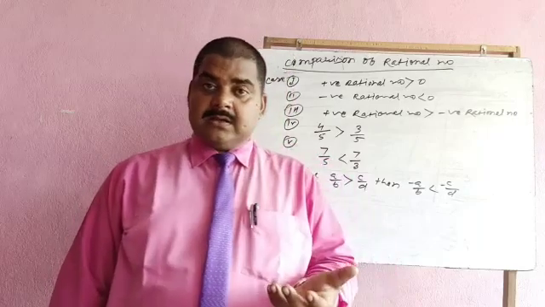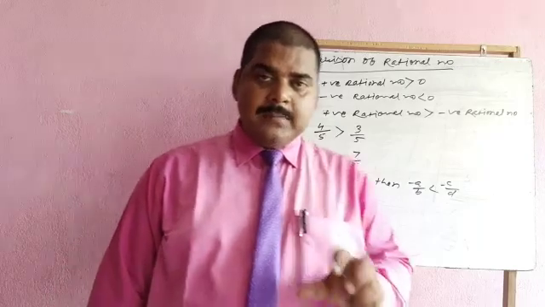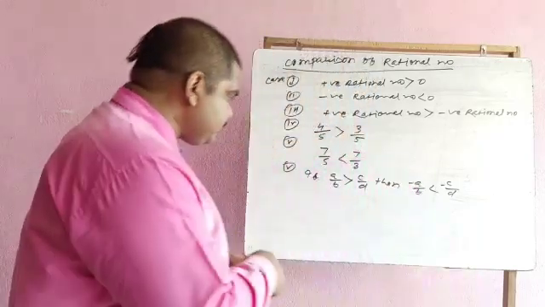Second, negative rationals are less than 0. It can be shown by example.